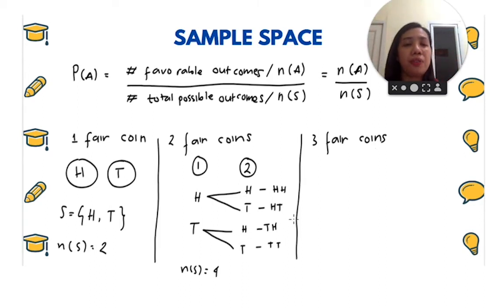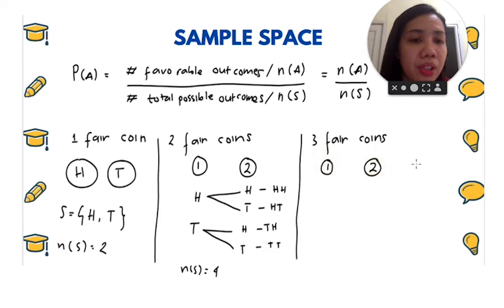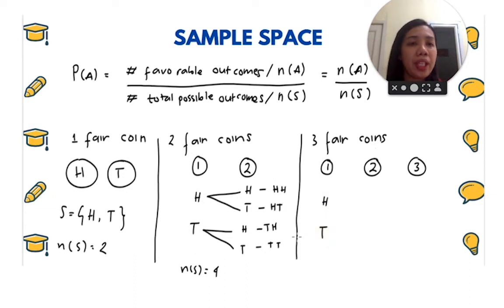Now what if we have three fair coins? To find all the possible outcomes of these three fair coins, we're also going to use a tree diagram. This is for the first coin, this is for the second coin, and this is for the third coin. For the first coin, of course we have two possible outcomes, head or tail. Let's say in the first coin we have a head. Then for the second coin, we also have two possibilities, head or tail.